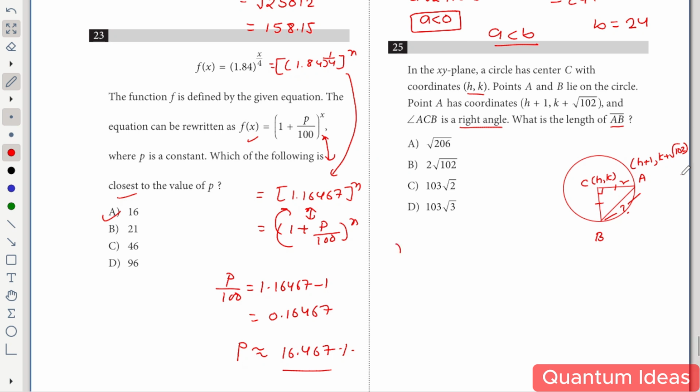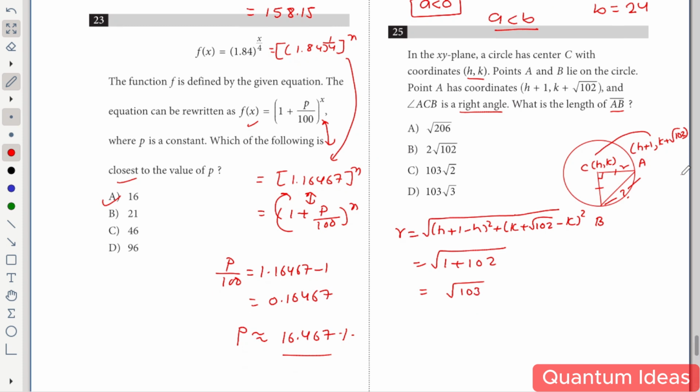By using the distance formula. r will be root over the distance between A and C, that is (x2 minus x1) whole square plus (y2 minus y1) whole square, that is (k plus root under 102 minus k) whole square. So k cancels out, and you will get here 1 plus 102, right? This will be 103. So our radius is root under 103.